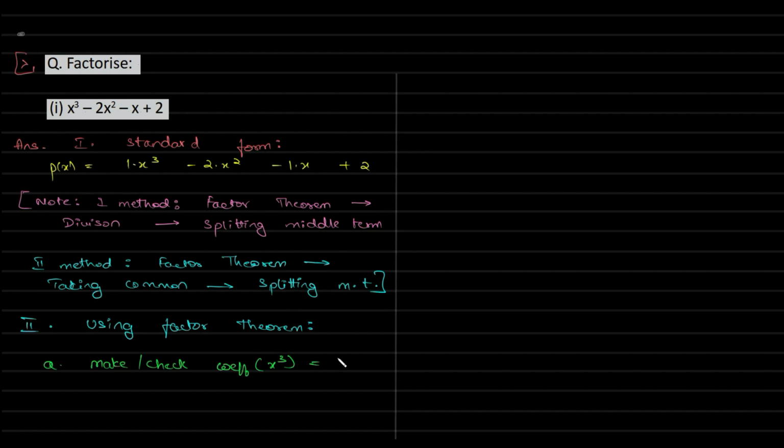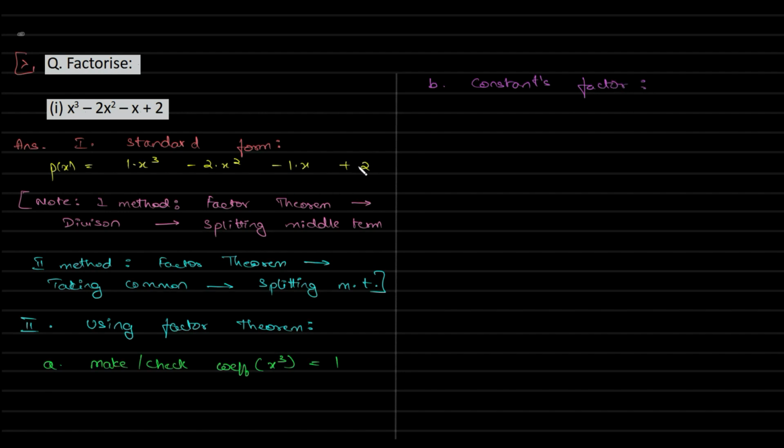So we have to check if the x cube coefficient is 1. In this case it is, so you need not do an extra step. Directly you can jump on to step B, that is using factor theorem. For that you need to write the constant's factors.